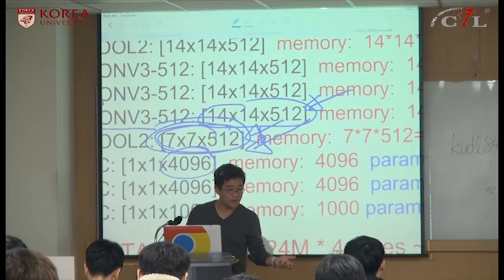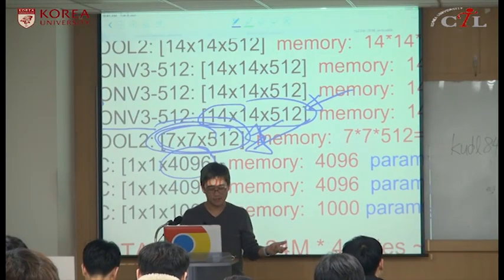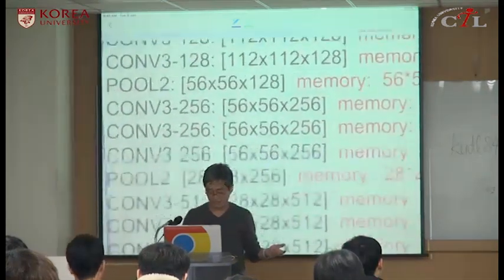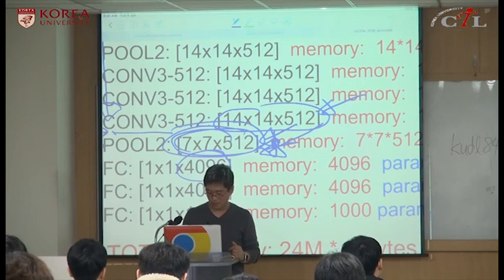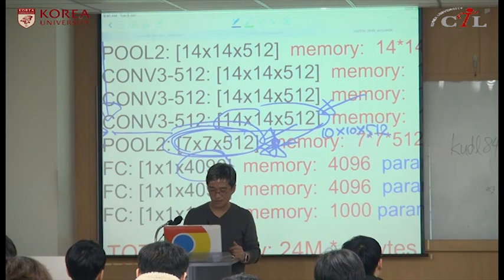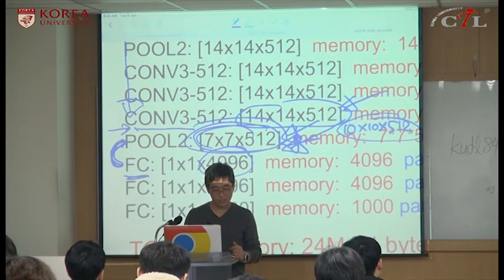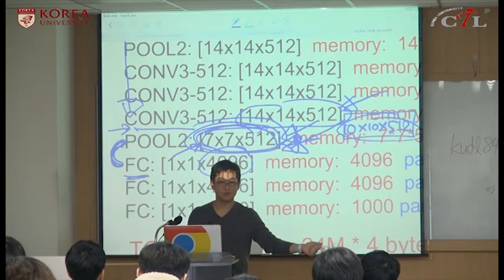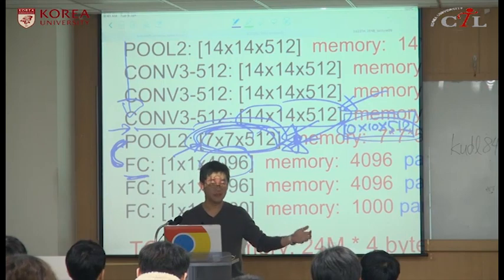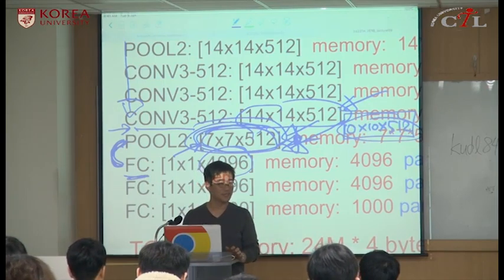Because we fed a larger input image size from the beginning, suppose we obtained a larger activation map size at this point. For example, our input activation map is 10 by 10 by 512. But this fully connected layer assumes the exact same number of input nodes as before, right? So we cannot fit this into this fully connected layer. That's an obvious phenomenon, right?